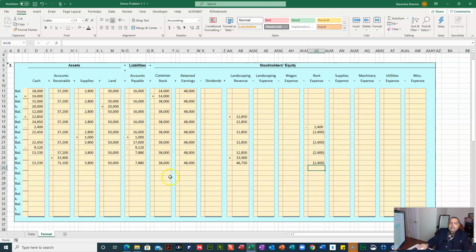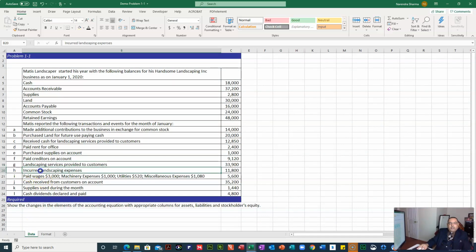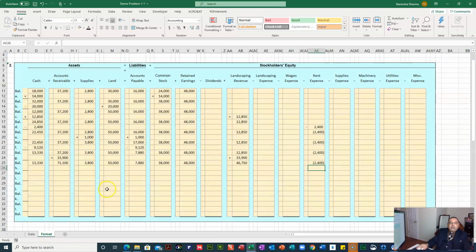Okay, now the next thing is H. Let's see what it says. Incurred landscaping services. Incurred means I have not paid for it, so therefore it is going to be accounts payable. So that will be plus 11,880.